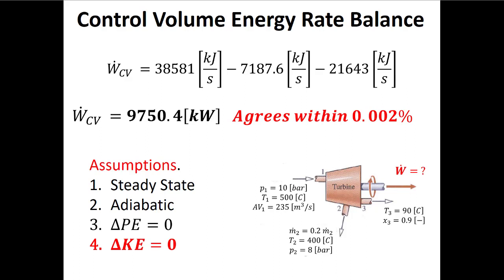But then you also see how some of these assumptions are pretty reasonable. Here the change in kinetic energy tended not to be very important, even though we knew the velocities. Just because you know the information doesn't mean you have to put it in. If we did the same thing for gravitational potential energy, you would also have seen that it's extremely small compared to the changes in enthalpy that we see in these types of systems.